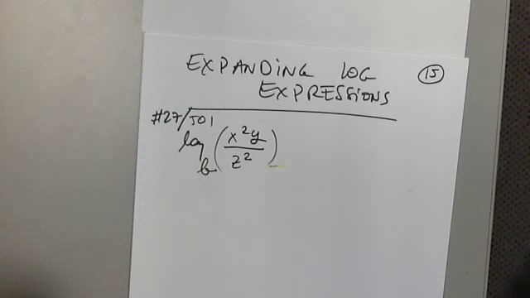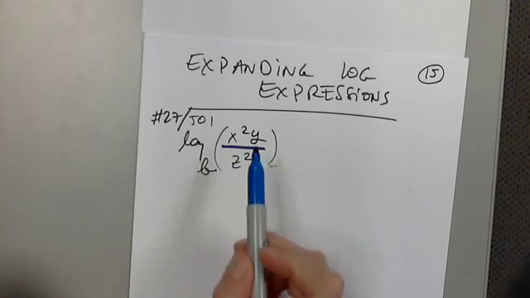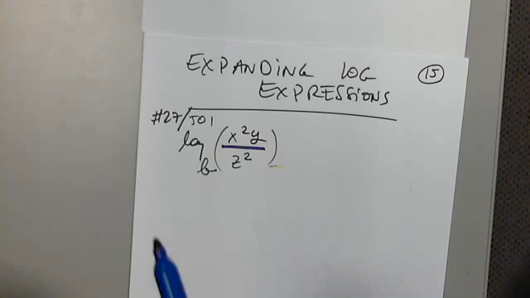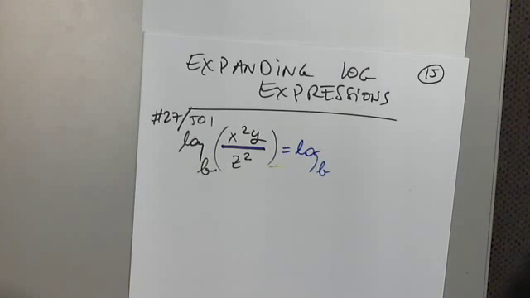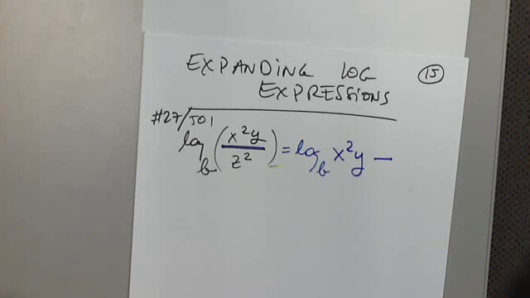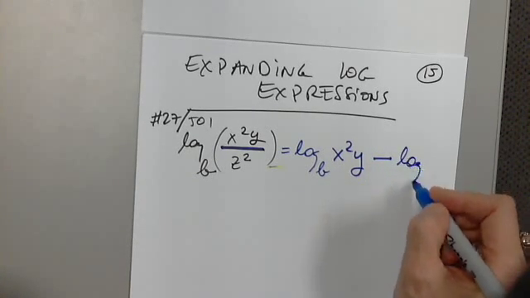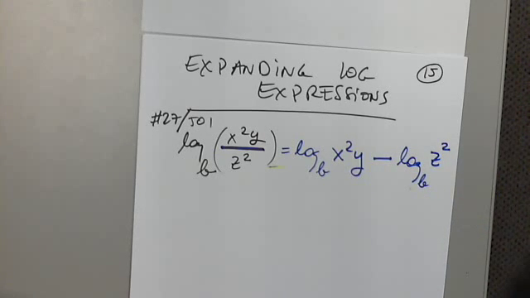So when we want to expand, the first step is to look at the division. So log applied to a division, meaning I'm applying the quotient rule. So then this will be log base b applied to x squared y, very good, applied to the top, and minus, very good, log base b applied to z squared. Awesome, but not enough.